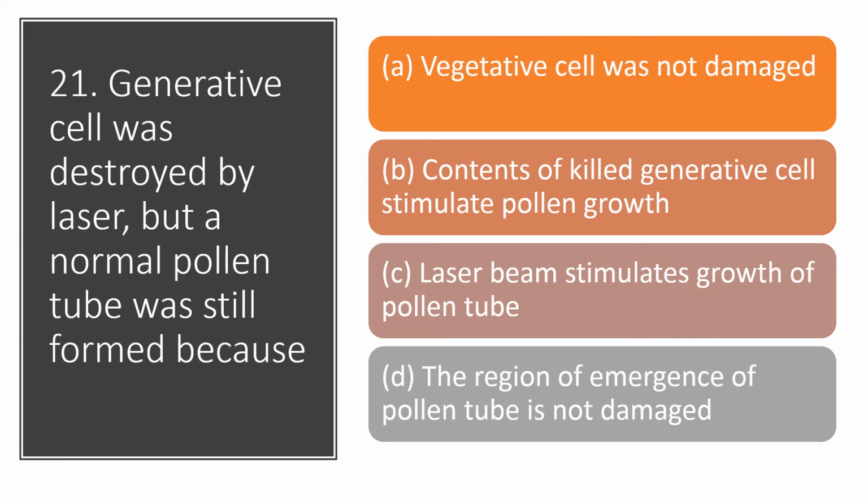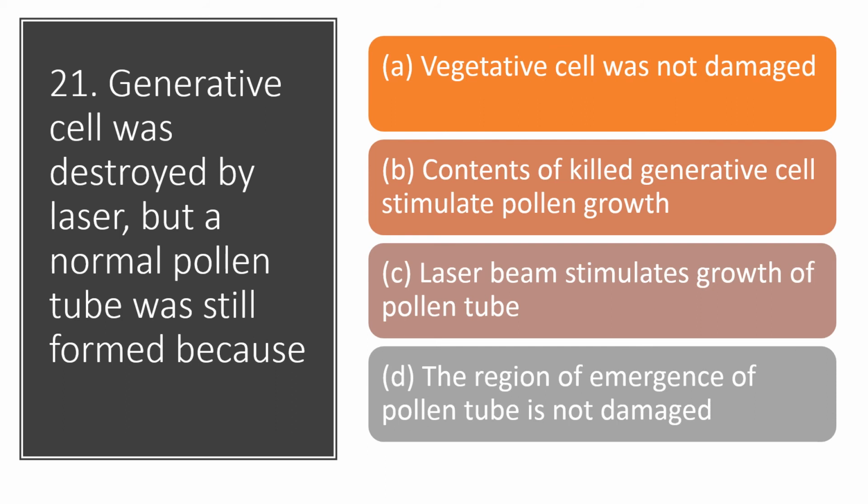We know that in the development of the microspore, cellular differentiation leads to the formation of the vegetative cell and generative cell, and the generative cell produces 2 male gametes, whereas the vegetative cell produces the pollen tube.